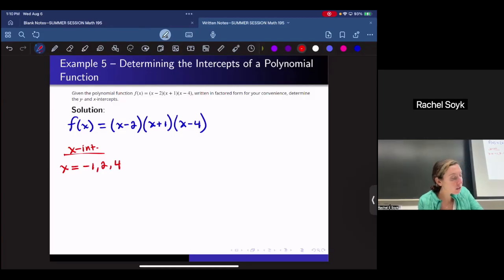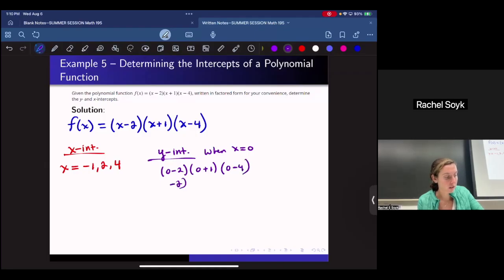Now, the y-intercept is always quite straightforward because it's just defined when x is equal to 0. So we just plug in 0 wherever we see x's. Essentially we're taking the product of -2, +1, and -4.